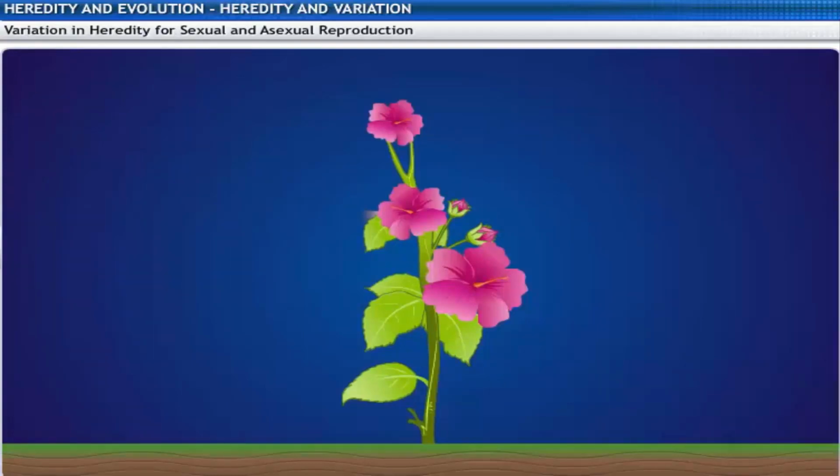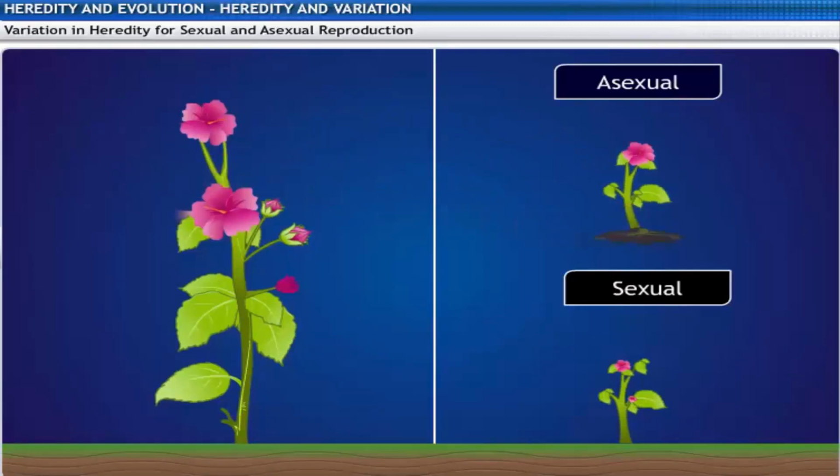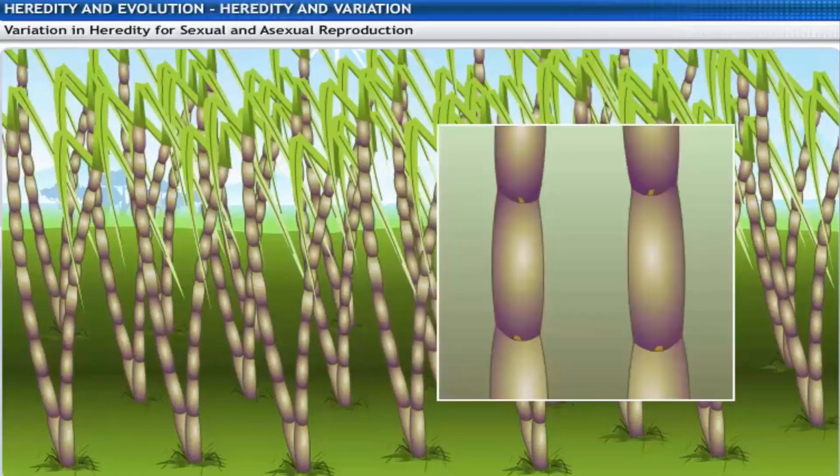Variations in heredity occur during sexual as well as asexual reproduction. Let's look at a few examples. When we observe a field of sugarcane, we hardly find variations among the individual plants.